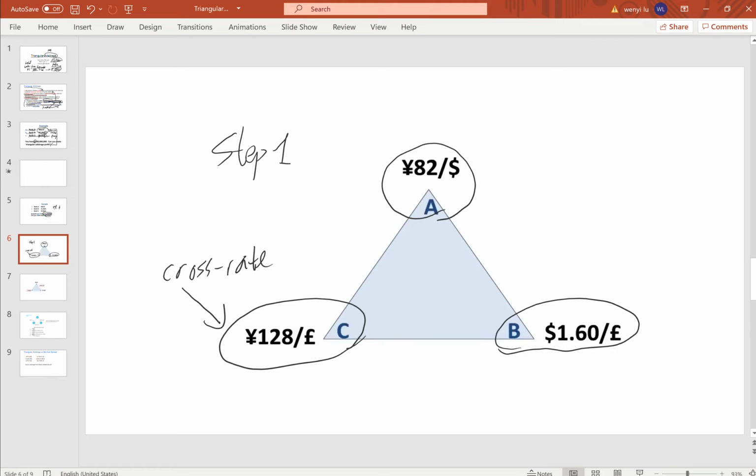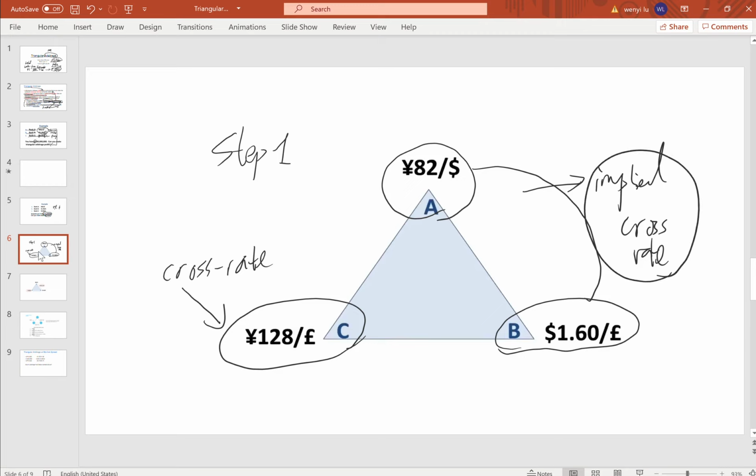And from the domestic market, we can solve our implied cross rate. This cross rate comes directly from the implication of the domestic market, and it will be compared with the foreign market rate.